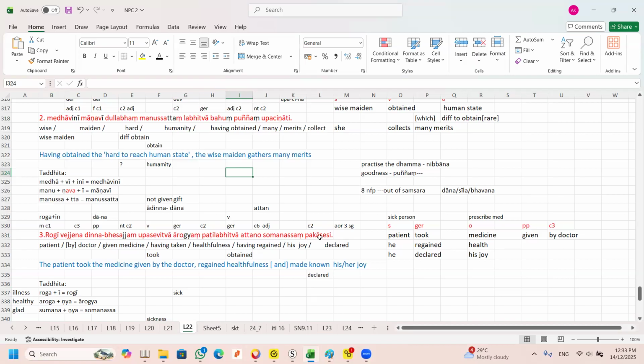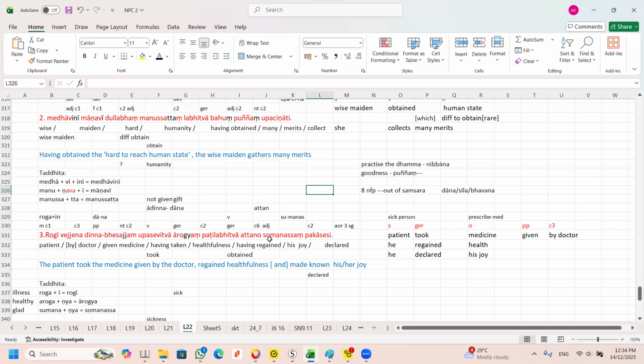Okay. See, this is AOR, then this is a, so this should be an object, somanasang. So somanasang, technically it should be su plus manas, because this is the stem.